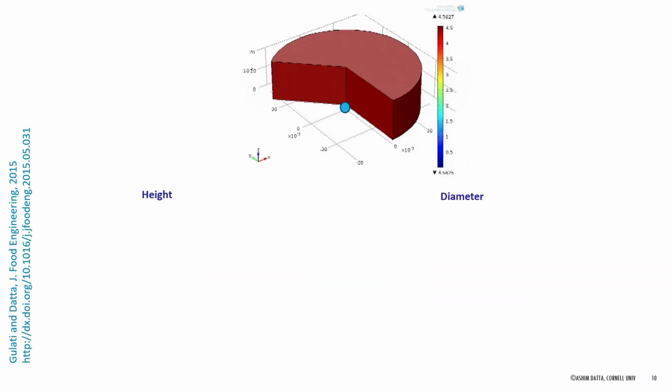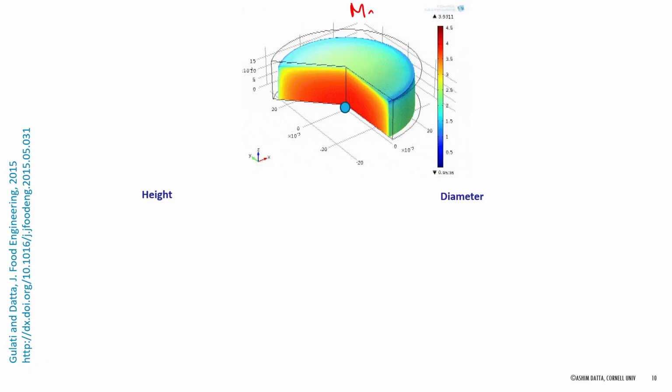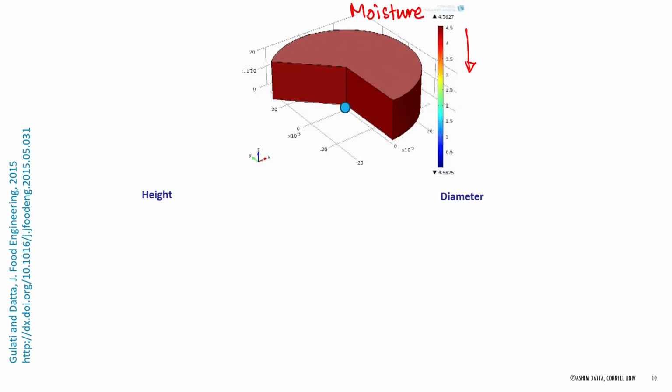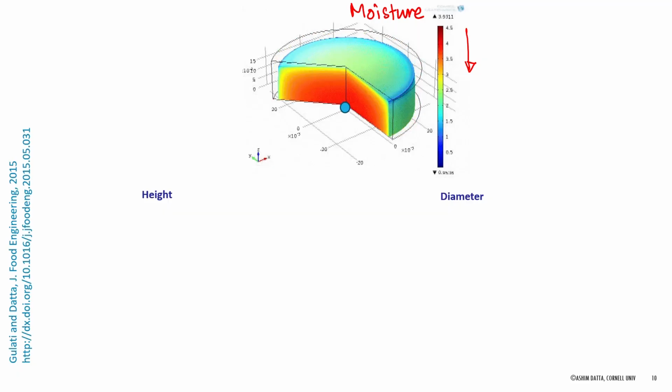So looking at this simulation again, here you can see the size changes and the colors correspond to moisture level, which is the scale here. So you can see that the moisture is not going down uniformly everywhere. The moisture loss is more near the surface.